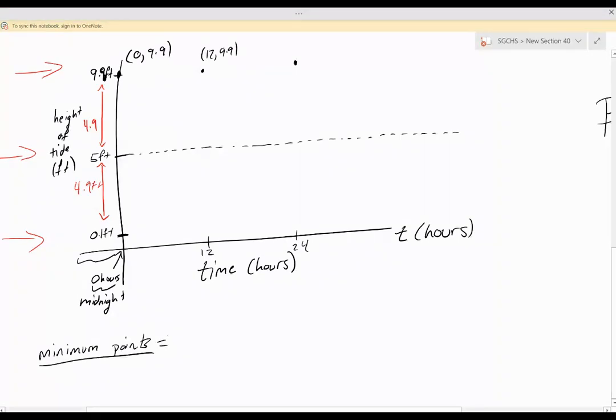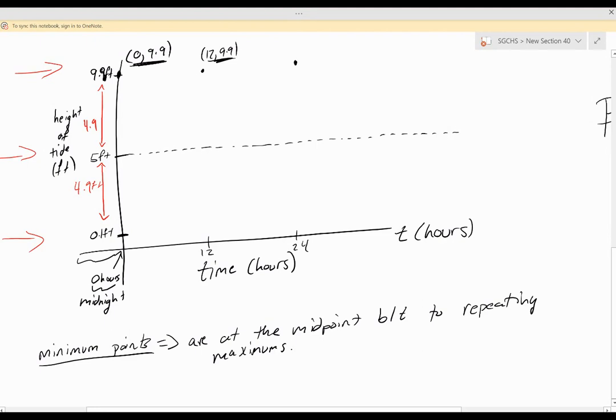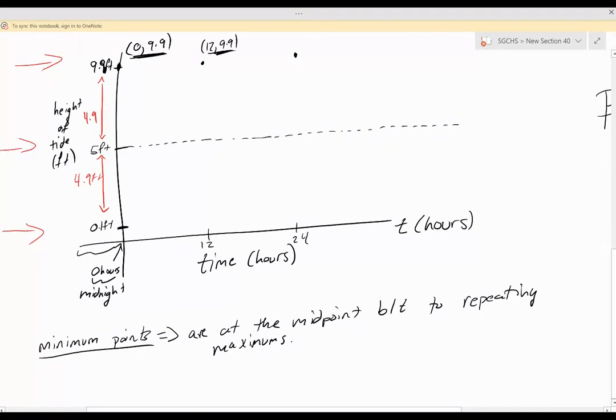So midpoints, or minimum points, are at the midpoint between two repeating maximums. Okay, so that means our midpoint between our 0 and 9.9 maximum and 12 and 9.9 maximum will be directly in the middle of 0 and 12.